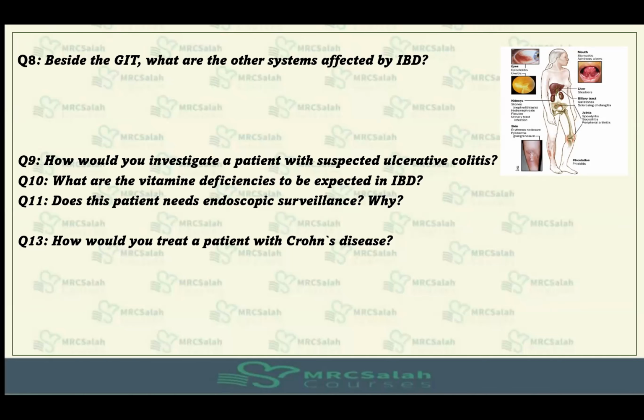And surgery, more invasive, if the patient is refractory or develops complications such as intestinal obstruction, toxic megacolon. We're talking about ulcerative colitis, so toxic megacolon. No, we are talking about treatment of Crohn's now. So fistula, intestinal obstruction, perforation, or malignant transformation.